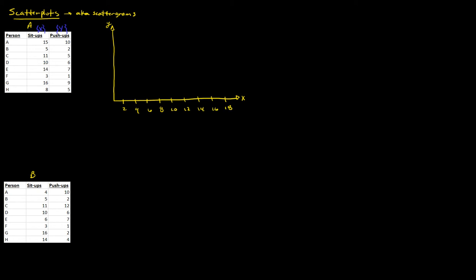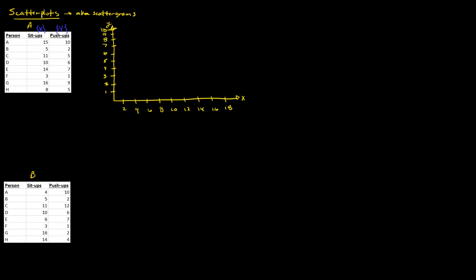Then push-ups on the y, we don't have anything over 10. So here we could probably count off by ones. 1, 2, 3, 4, 5, 6, 7, 8, 9, and we'll call this up here 10.